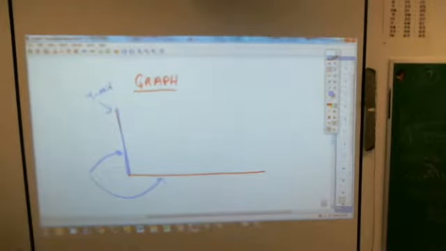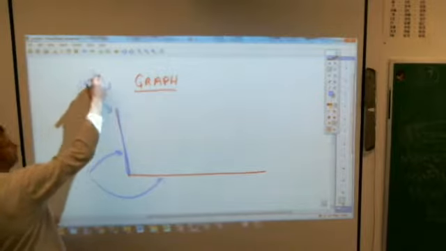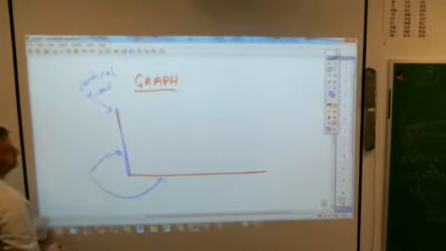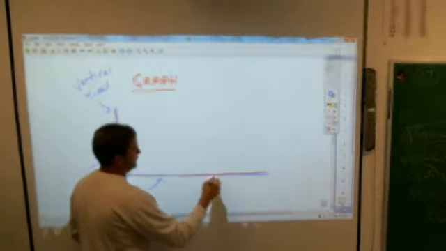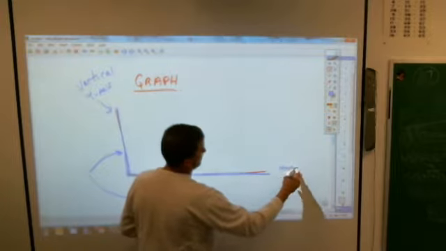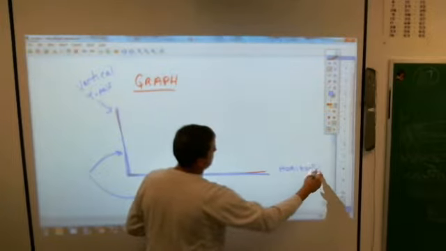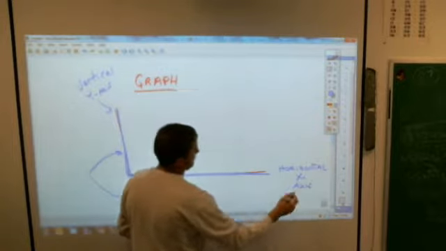Because I don't know. Everything in math is either x or y, it seems like. It's the y-axis and it is the vertical axis. This one here that goes this way, guess what it is? Horizontal. Or what letter? X. Yes. Horizontal, or the x-axis.